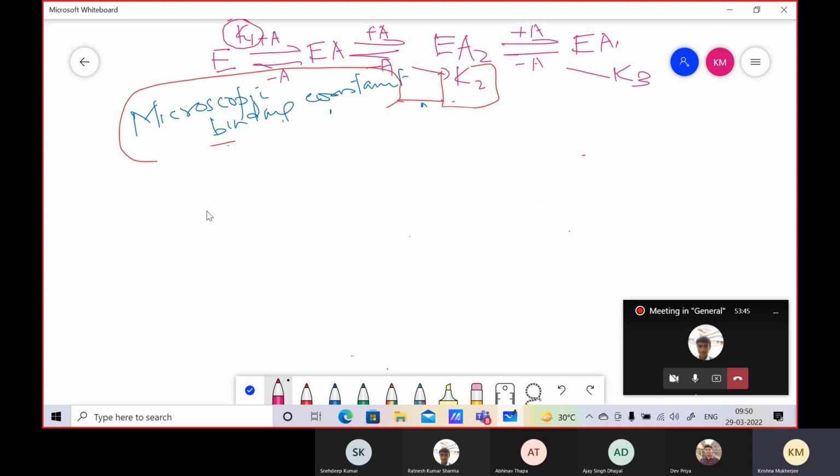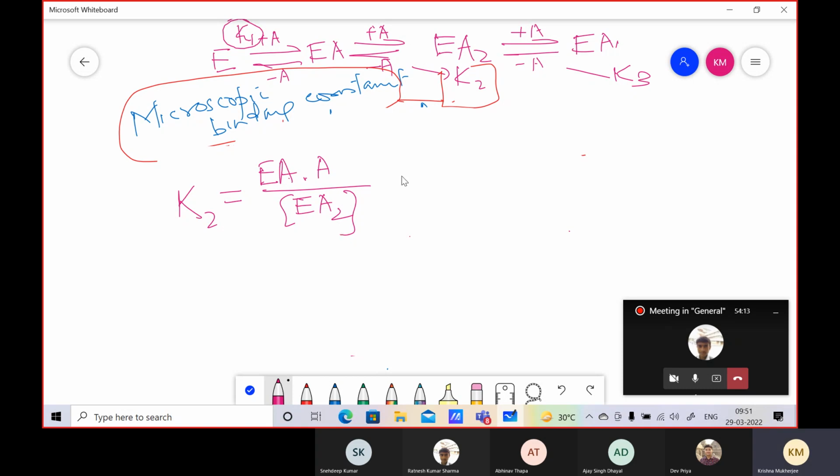You have to remember that the K2 macroscopic parameter is equal to EA into A upon EA2.